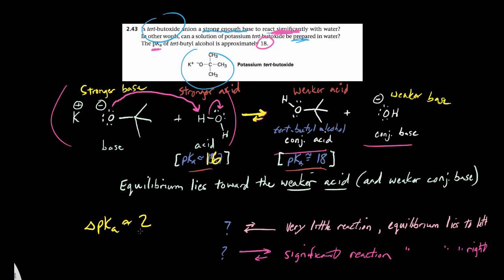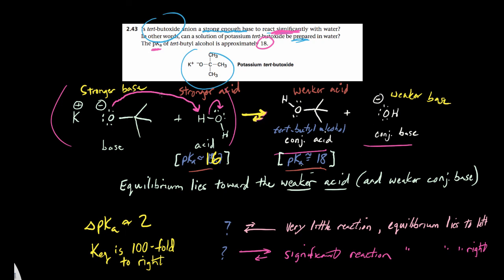So this is on a log scale, which means that the equilibrium, the Keq, lies 100-fold to the right, or this right arrow should be 100-fold bigger than this left arrow.